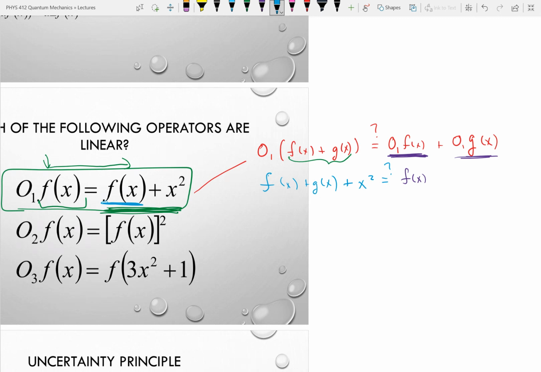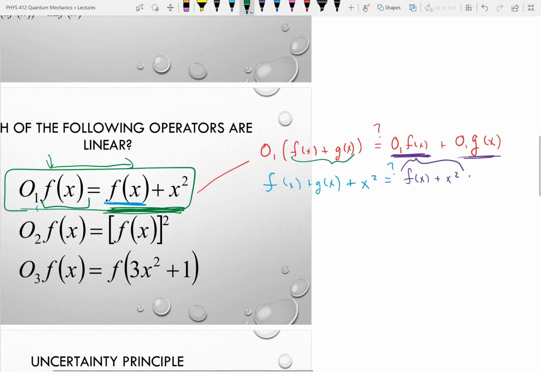So what do I get for replacing f of x with f of x? I get, on the right-hand side, f of x plus x squared. So that's what I got from that one. But then I'm going to have plus what I get from doing it on g of x. So now, doing it on g of x, what do I get?